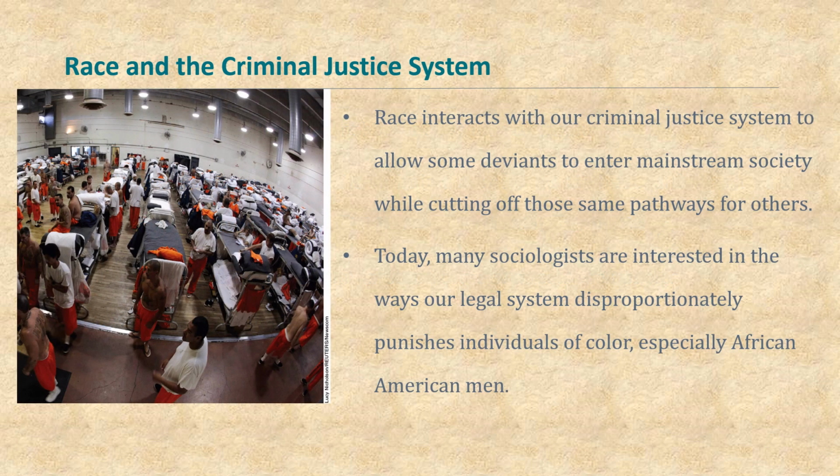Race and the criminal justice system. Race interacts with our criminal justice system to allow some deviants to enter mainstream society while cutting off those same pathways for others. Today, many sociologists are interested in the ways our legal system disproportionately punishes individuals of color, especially African American men.